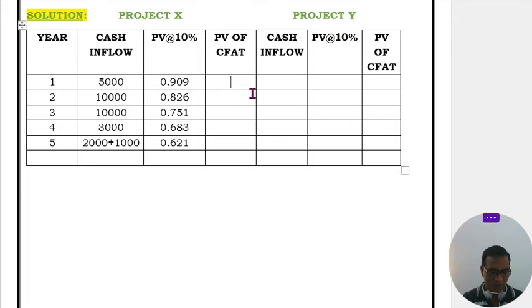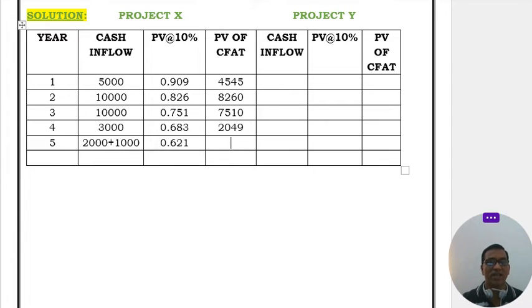Multiply with 0.909, that is 4,545. 10,000 multiply with 0.826, that is 8,260. 10,000 multiply with 0.751, that is 7,510. Fourth year, 3,000 multiply with 0.683, that is 2,049.